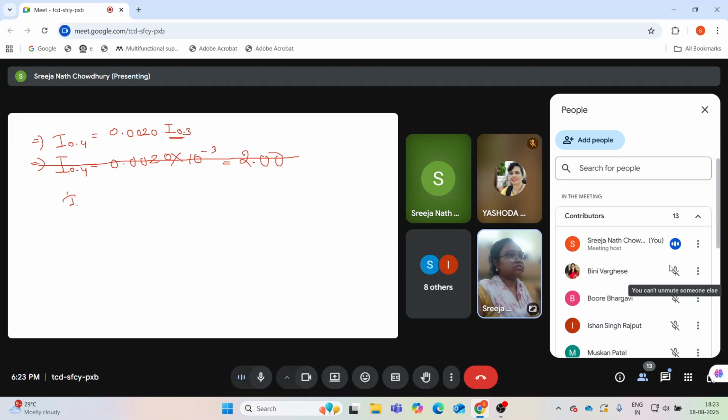So it becomes 2.00. So this is the final answer. Is it clear to all of you? Can I move to the next sum? Any question regarding this problem?